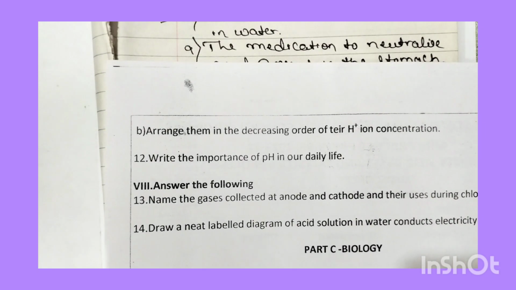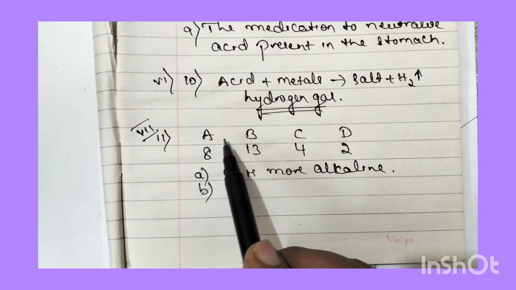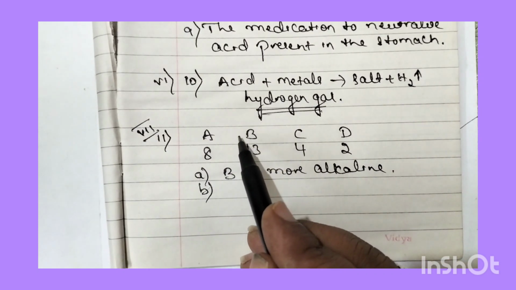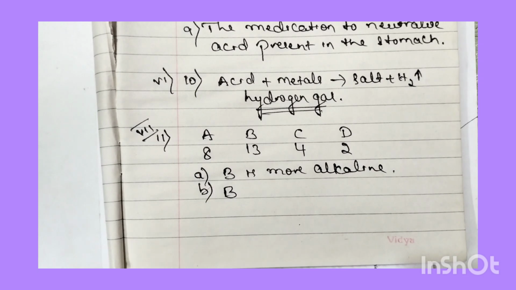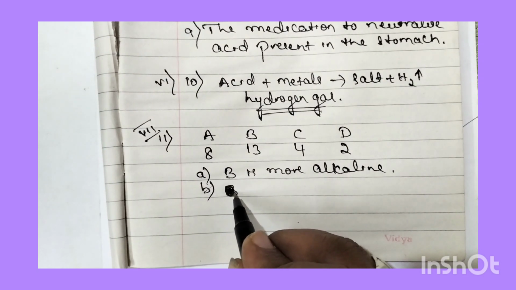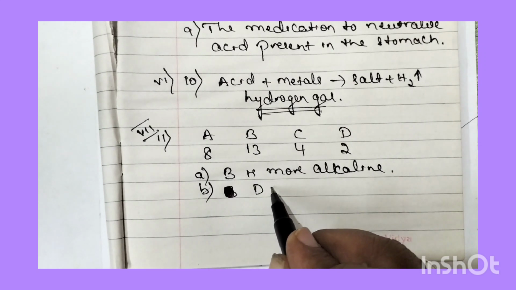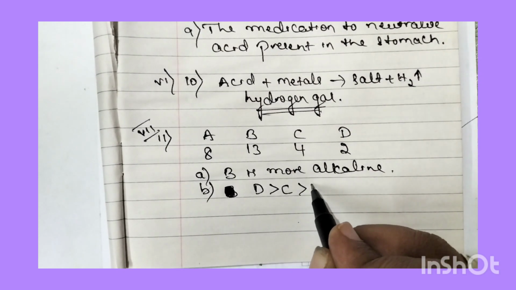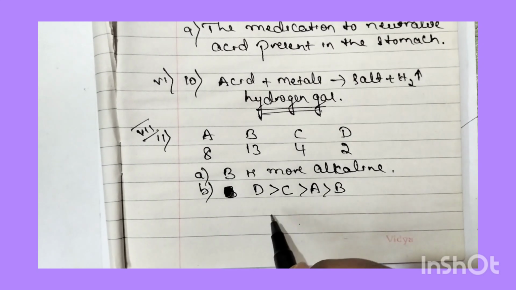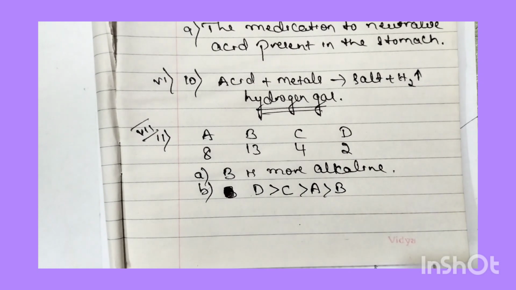So let us write it in decreasing order. The solution with the lowest pH has the most H plus ions. So D has more H plus ions than C, C has more H plus ions than A, and A has more H plus ions than B. Among these 4, B will have less H plus ion and D will have more H plus ion. In B the H plus ion concentration is very low and OH minus is high.